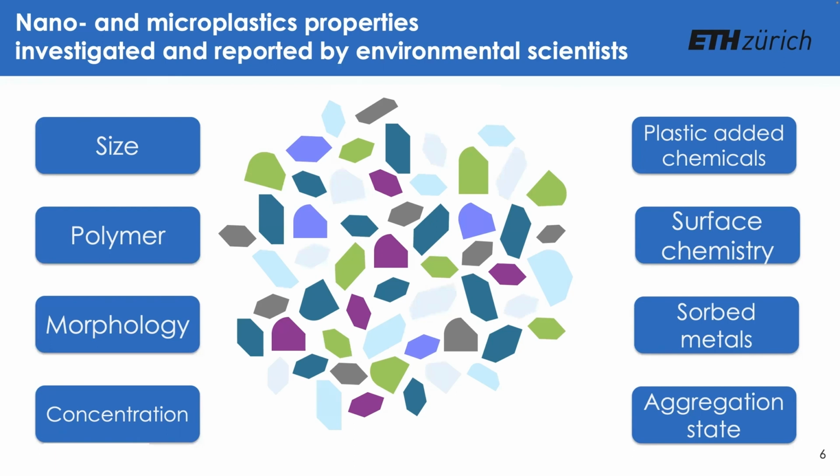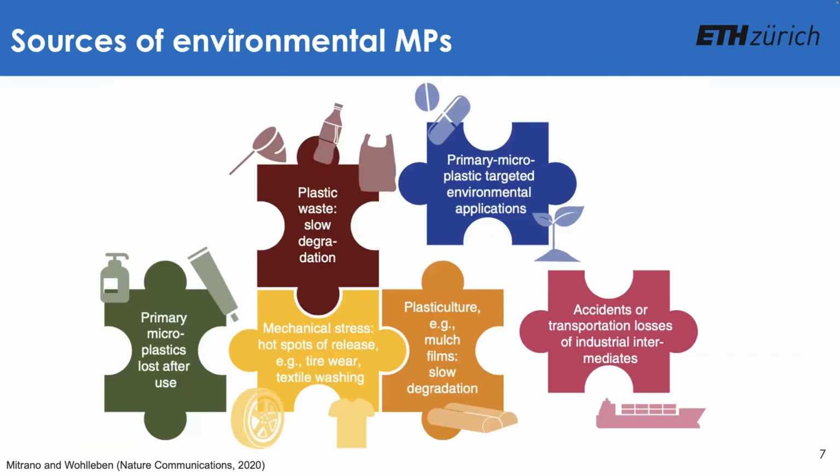So these are a lot of different metrics, which will definitely change depending on which microplastic source we actually have. When we look at all the different types of sources of microplastics in the environment, most of them are secondary microplastics, so those coming from the slow degradation of plastic waste or the release of small microplastic particles when we're actually using our products.